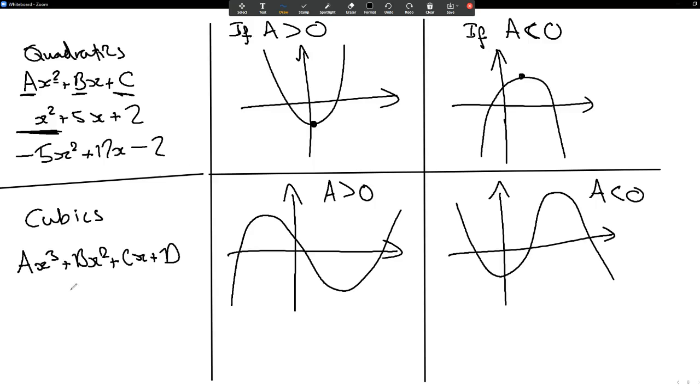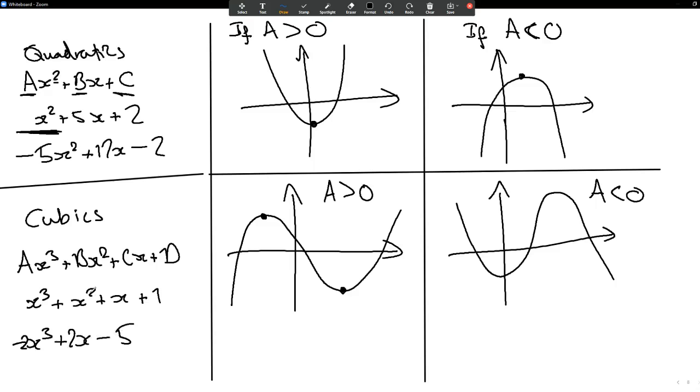Now for cubics, for example, x cubed plus x squared plus x plus 1 will have a minimum point. It won't necessarily be negative, but you'll know the maximum point will be before the minimum point. And if you have something like minus 2x cubed plus x, 2x minus 5.